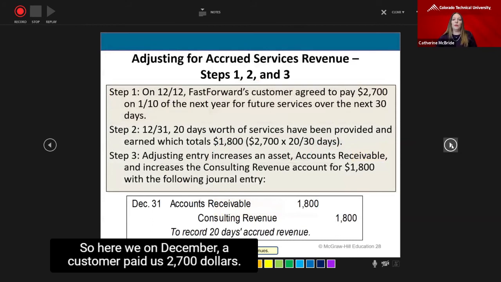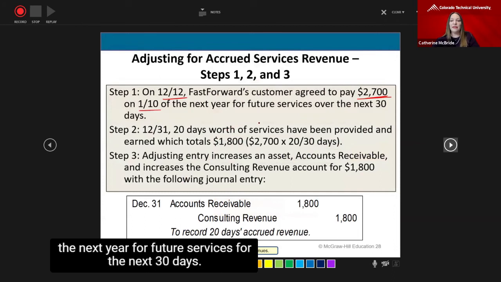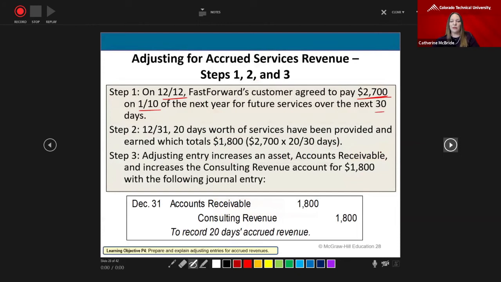So here, on December 12th, a customer agreed to pay $2,700 on January 10th of the next year for future services for the next 30 days.